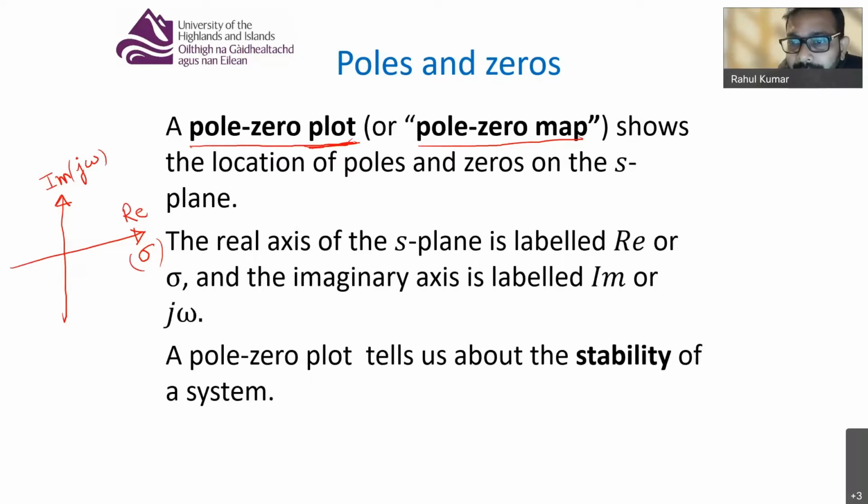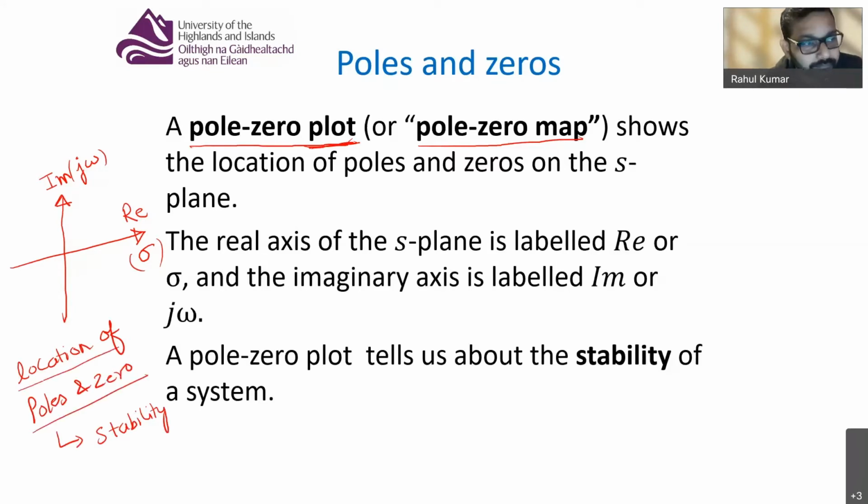Okay, and we plot the poles and zeros, right? I will tell you how to plot them in a short while. We'll take an example, and based on the location of poles and zeros, we can make a decision about the stability of the system, okay, based on the location of the poles and zeros, right?